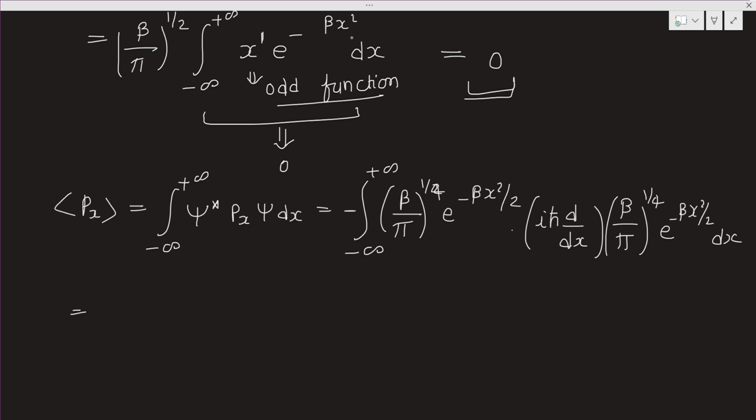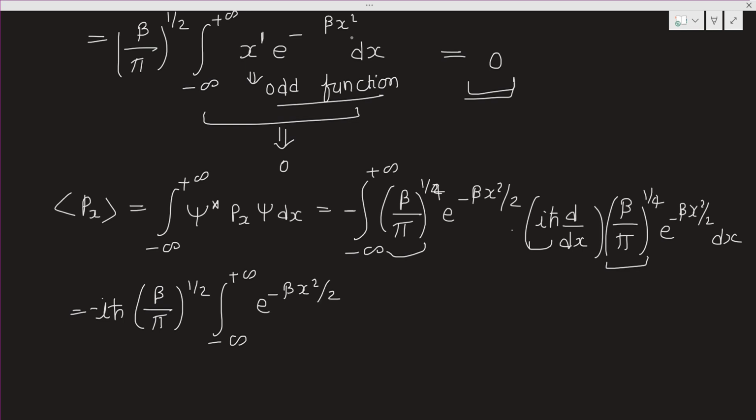This constant term and this constant term will get multiplied and go outside, and this iħ is also a constant term, so it also comes outside. So you will write −iħ (β/π)^(1/2) integral from minus infinity to plus infinity of e^(−βx²/2) d/dx of e^(−βx²/2).